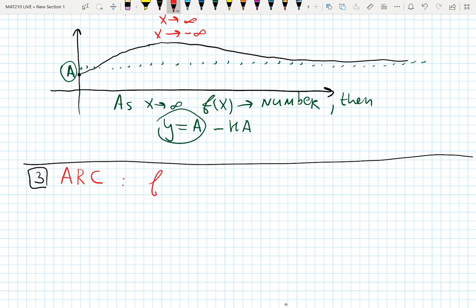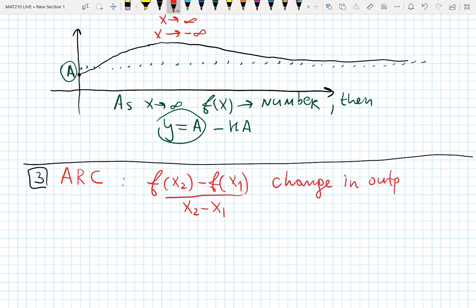Remember the formula: f of x2 minus f of x1 all over x2 minus x1. Basically, change in output, which is your y-axis, I don't want to call it y because it may be anything else, like gravitational force and so on, over change in input. That's the idea here.